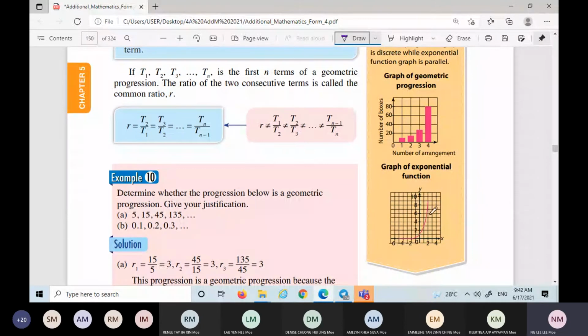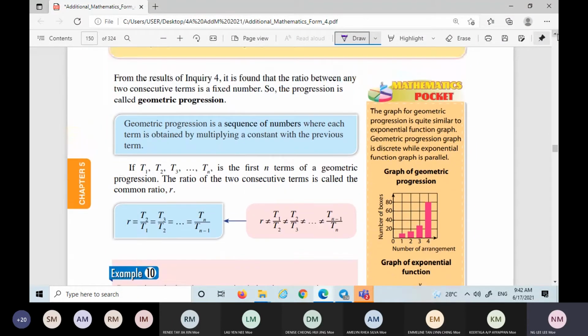If you look at an exponential graph, you can see the shape of the graph is similar. So you see the ratio between any two consecutive terms is a fixed number. This fixed number, or this ratio, we call the common ratio R. So the progression is called a geometric progression.